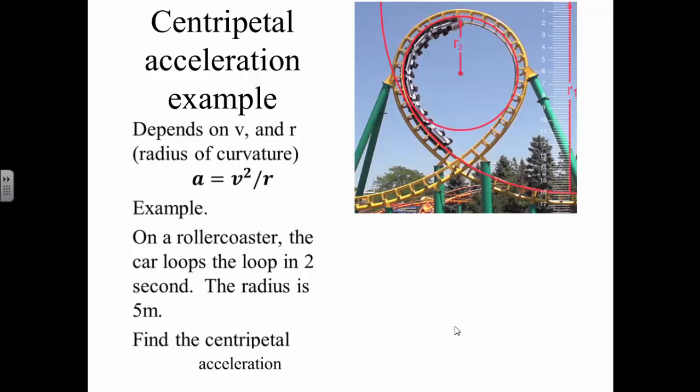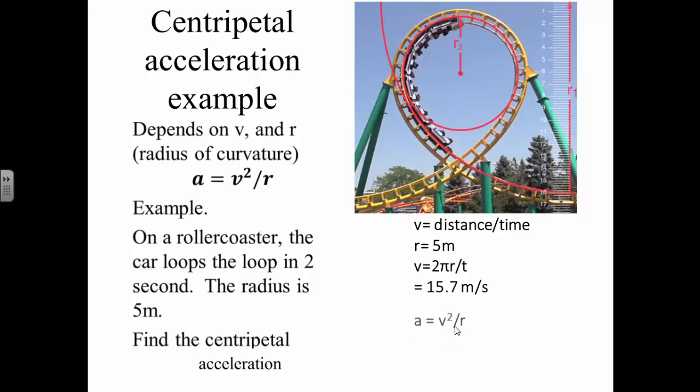Well, first of all, we need to find the speed. We know that it does the loop, which is 2 pi r, in 2 seconds, and the velocity is distance divided by time. We know the radius is 5 meters, we're told that. The speed is 2 pi r divided by t.